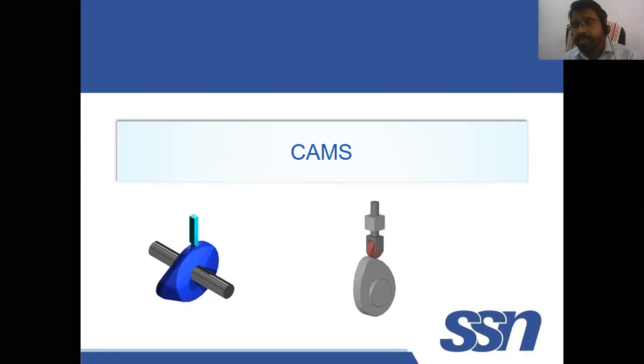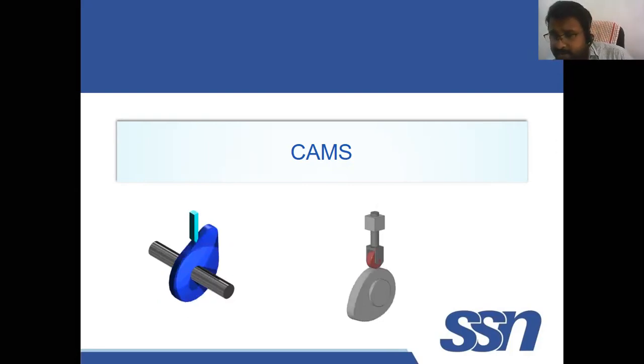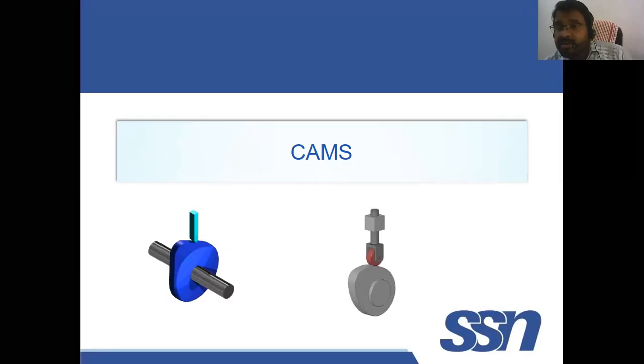That is how we are going to design. The curvature of the cam is very important here. So we are going to design the curvature of the cam to suit the application and the output follower that we are going to use.